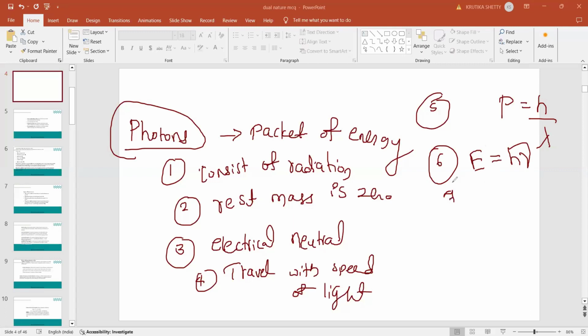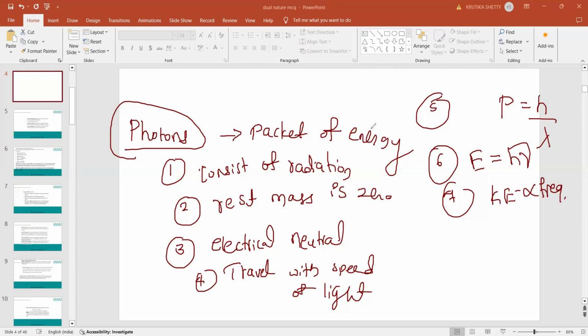The last point, the kinetic energy of the photon is directly proportional to the frequency.